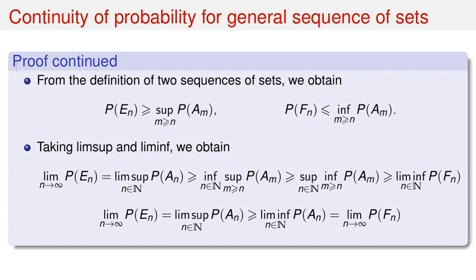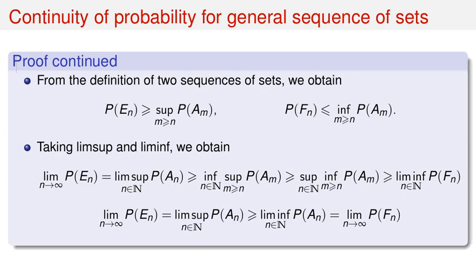More carefully, we have limit P of En greater than or equal to lim sup P of An and limit P of Fn less than or equal to lim inf P of An. We also know lim sup P of An is greater than or equal to lim inf P of An.